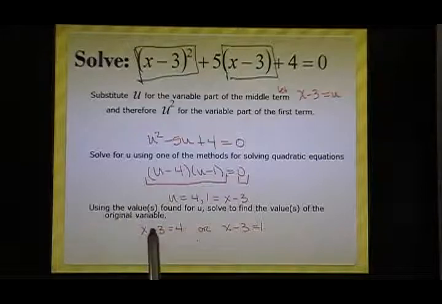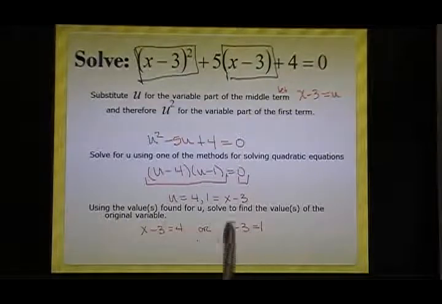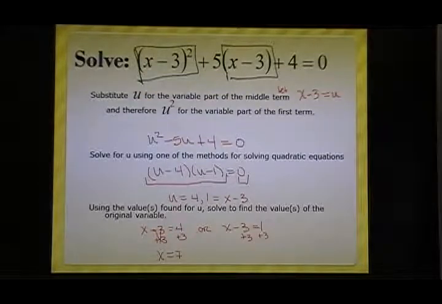Now we just have to solve these equations to find out what the value of x is. This is a linear equation. I'm just going to add 3. So I get x equals 7 over here, and adding 3 gives me x equals 4. So my solutions are 7 or 4.